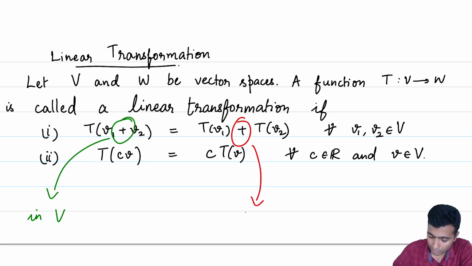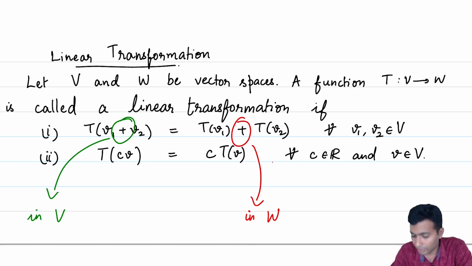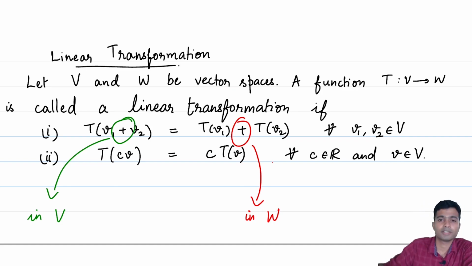However, remember that this is a vector addition in W. Even though I am using the same notation, and not specifying where it is, the context makes it clear. So it's your job to slowly start identifying which operation is happening where. As you can see, this red is a vector addition which is happening in W. Why? Because T of V1 and T of V2 are vectors in W. So the vector addition has to be in the vector space W, isn't it?